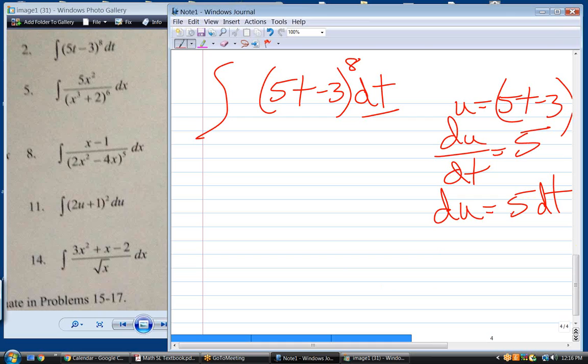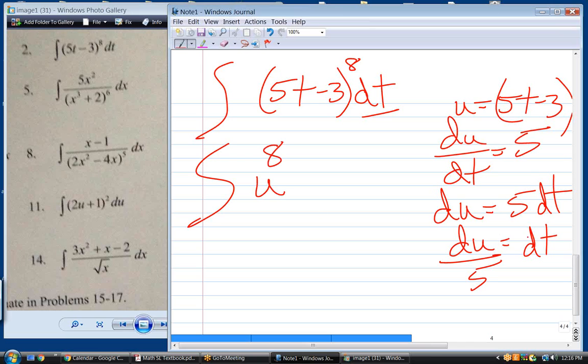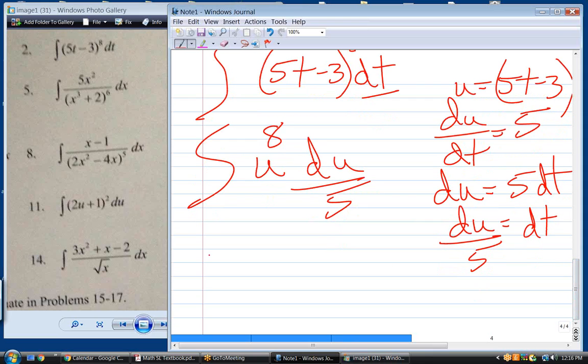Notice that if I did the last step that I said we're trying to shortcut, I would have du over 5, right? So now I can just go up here and say, well, that's u to the 8th, and dt is du over 5. Well, now I can take that 1/5 out, and I end up with the same thing.